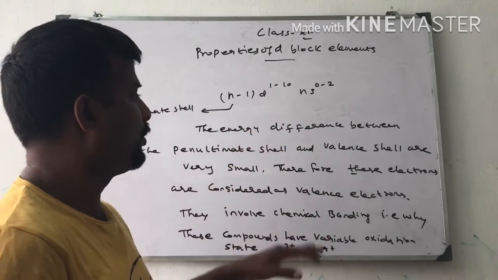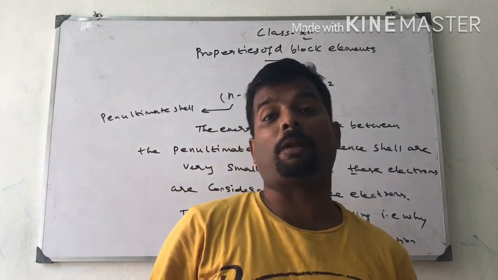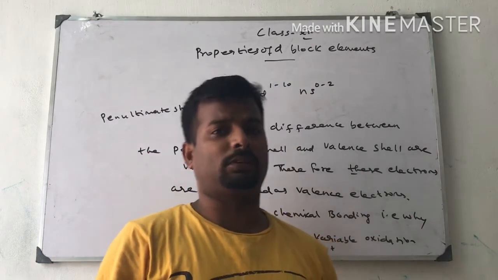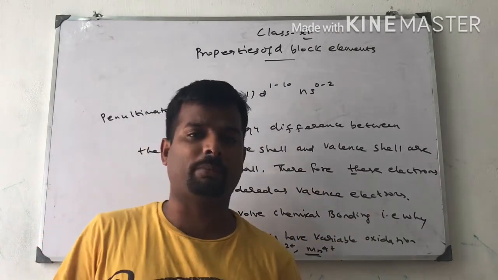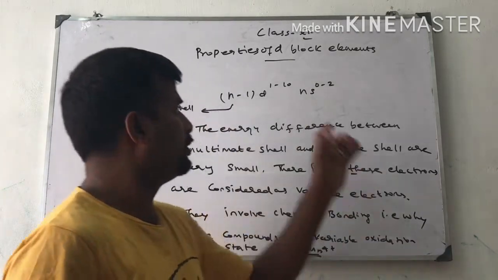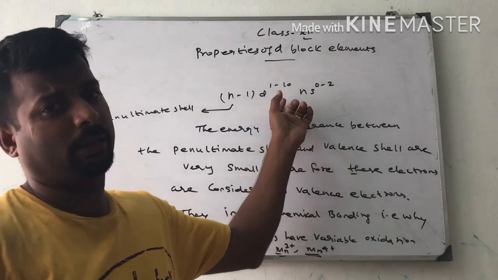Therefore manganese has a +7 oxidation state. +7 means it will donate 7 electrons to the neighboring atom to form bonds. That is the special character of D block elements.